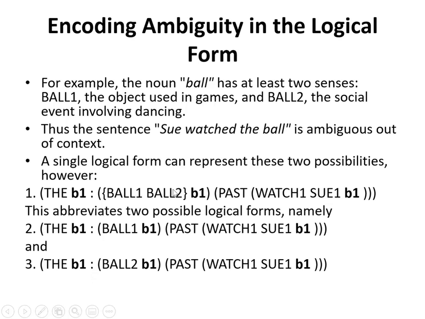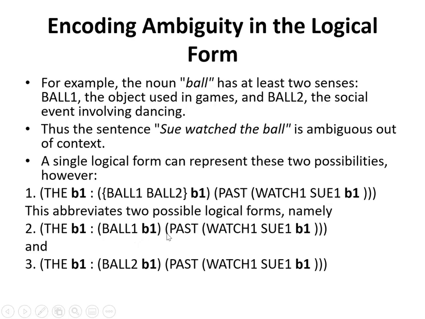A single logical form can represent these two possibilities like this: the B1, ball 1 or ball 2 as B1, and watch in past tense, Sue 1, B1. Now this is creating the ambiguity, which can be abbreviated with two possible logical forms.